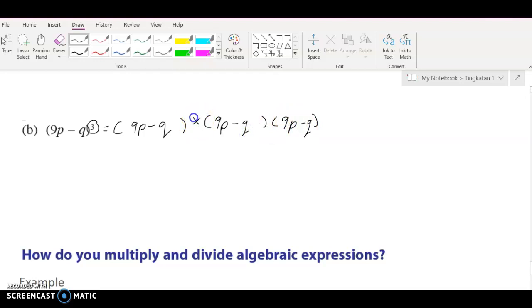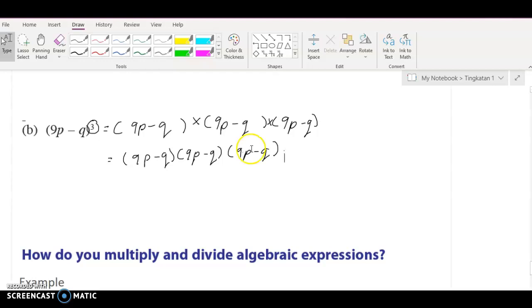You can put the multiplication symbol over here, or if you don't want to put the symbol, that also works. So maybe someone wants to write it like this, 9p minus q, 9p minus q, 9p minus q. These are the same thing, because if you don't write a multiplication symbol and there is no symbol between the brackets, it means it involves multiplication actually.